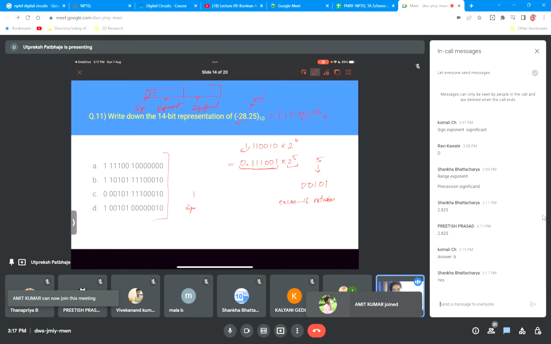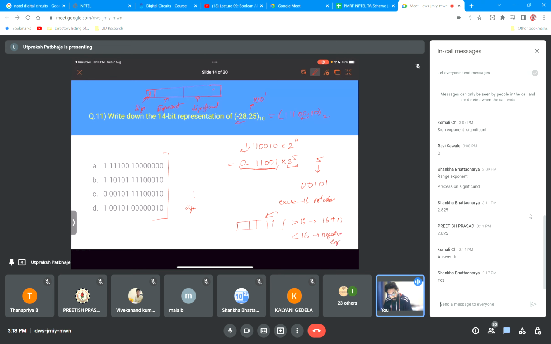Yeah, so excess 16 is nothing but, if you are having 5 bits for your representation of exponents, then whatever is more than 16 will be added to 16, plus suppose we have some n, and that will be fed into the exponent part. And if something is less than 16, that will signify the negative exponents.